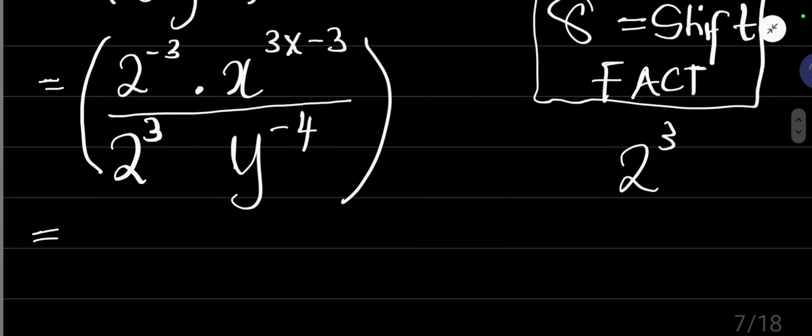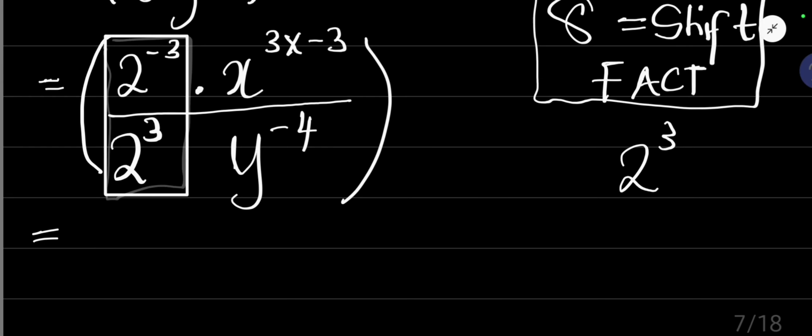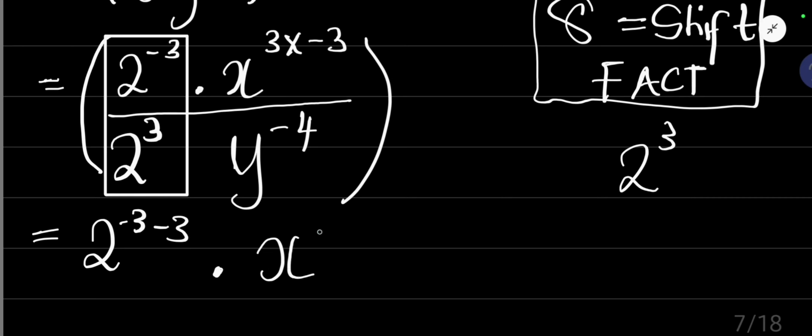So what's really going to happen here is that for this portion, let me just draw a box for the portion that I'm talking about. For that portion, you are dividing the powers of the same base, and then you are allowed to say that 2 exponent minus 3 times x exponent minus 9, right?